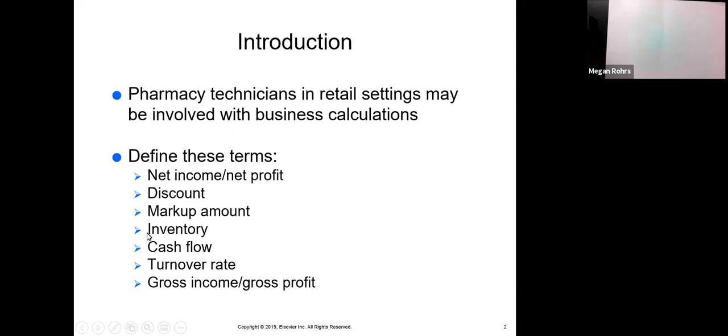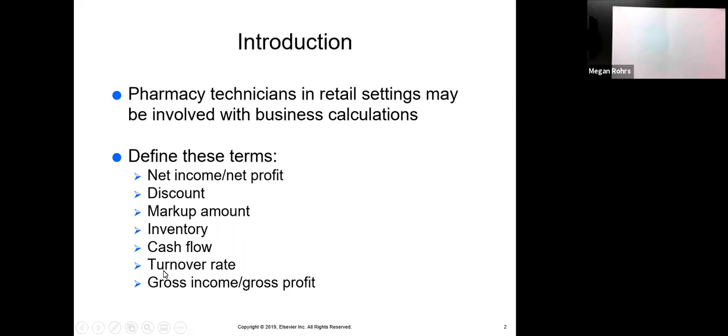Inventory, just the general merchandise that a business has. In the pharmacy's case, that's mainly going to be the drugs and medical devices that the pharmacy will sell. Cash flow, that's just taking a look at the overall expenses going in and out of a business.